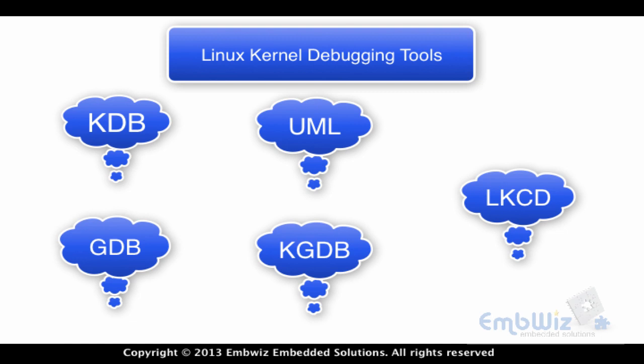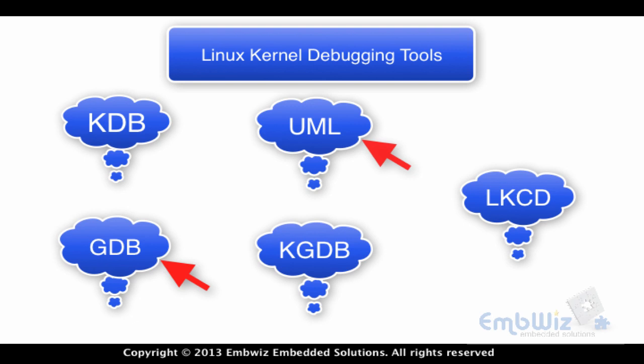So what can I do with UML and GDB? UML is an open source project where you can learn Linux inside Linux. The new Linux will be a normal process, the way you execute ls or cat, any normal shell command.